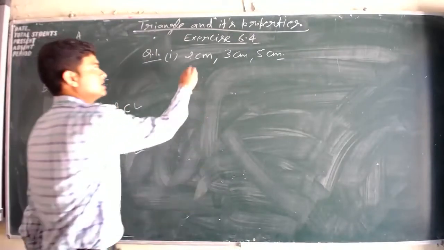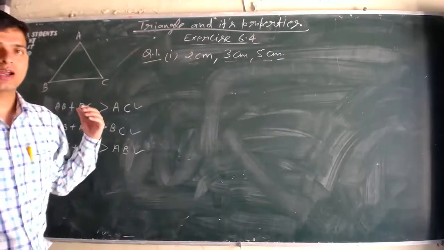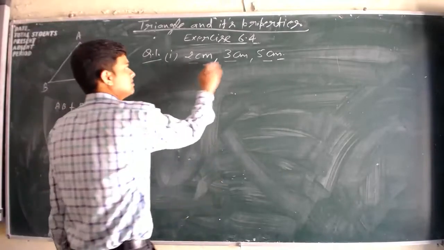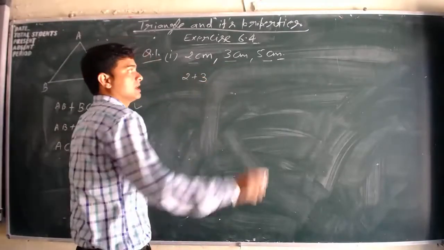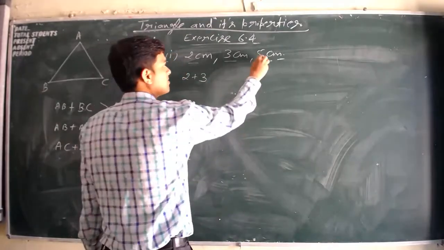We have three sides, 1, 2 and 3. Any two sides' sum should be greater than the third side. It means अगर हम इन दोनों का sum करेंगे, 2 plus 3, it should be greater than this side. ओके, मतलब ये क्या आना चाहिए?